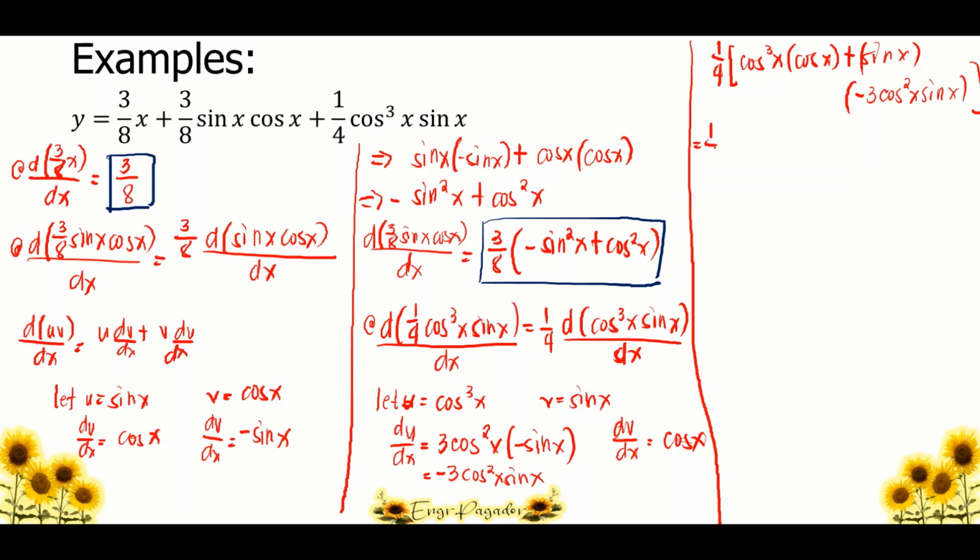This will be equal to 1/4 multiplied by, of course, we can combine these, so cosine to the 4th x. And then, negative times positive, that will be negative 3 cosine squared x sine squared x. Okay? So, this is now the derivative of the third function.